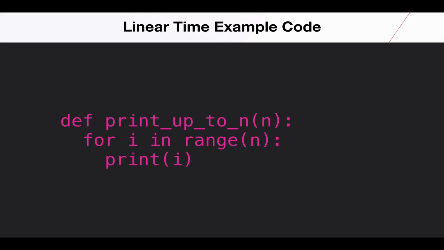The number of loop iterations that we're performing is in direct proportion to the size of n. So if we went from n to n plus 1, that would add one more iteration to our for loop and would have us print one more additional element.